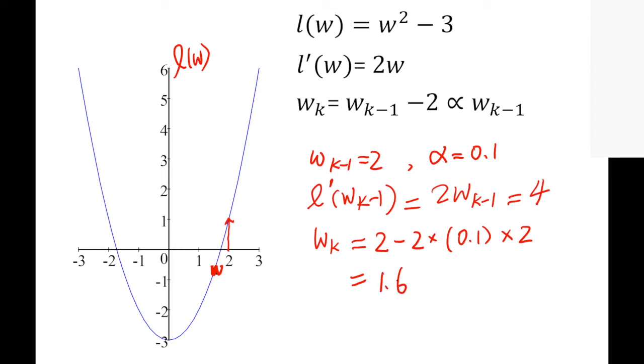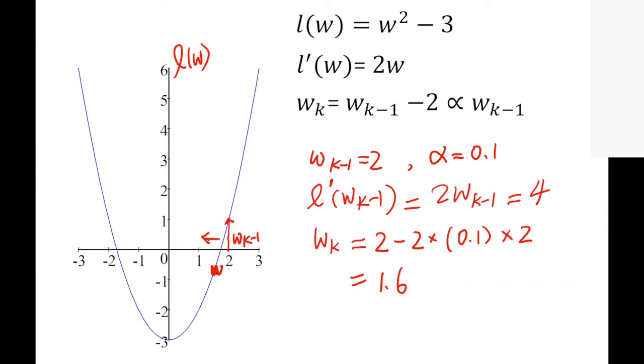All right. So w_{k-1} is 2, and gradient descent tells me to move to the left.